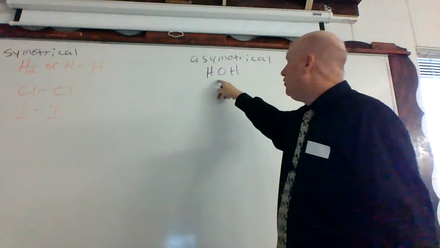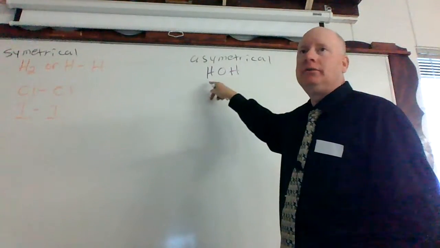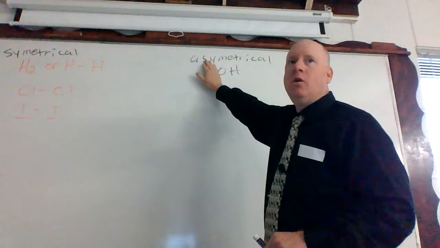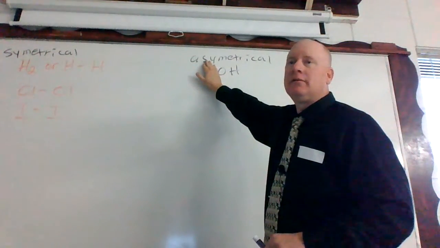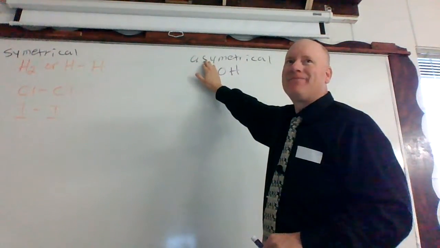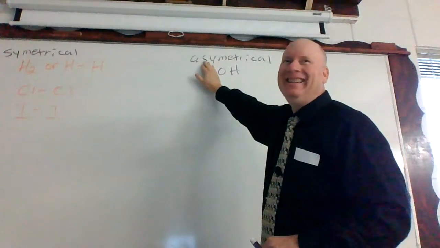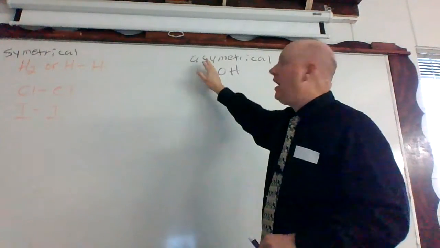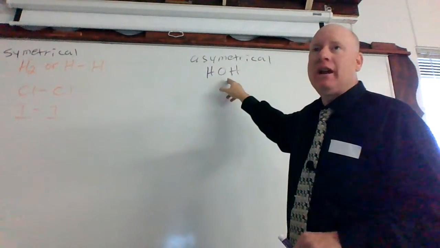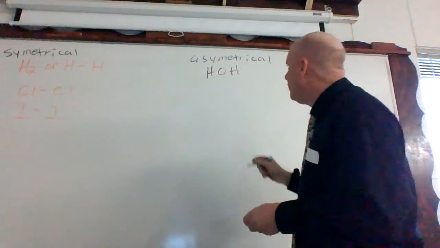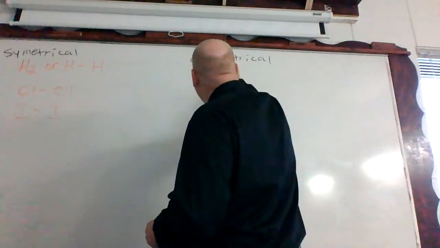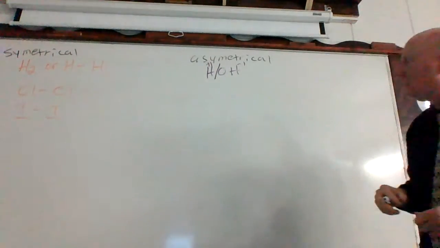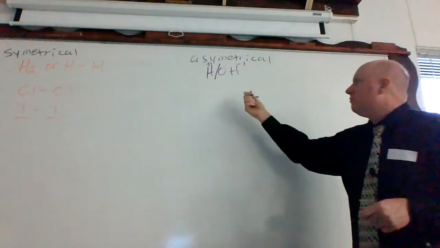What ion do we see in this molecule? OH is a hydroxyl group, but that's the organic reaction. It's a hydroxide ion, to where when we break that apart, this side's +1, that side's -1. So that is the asymmetrical type.